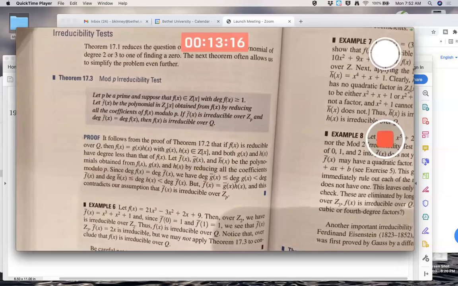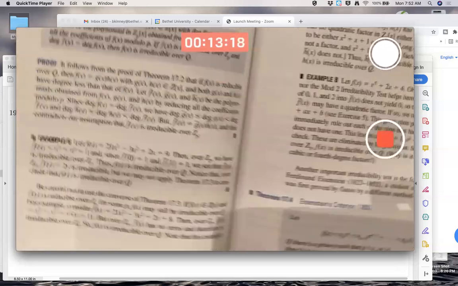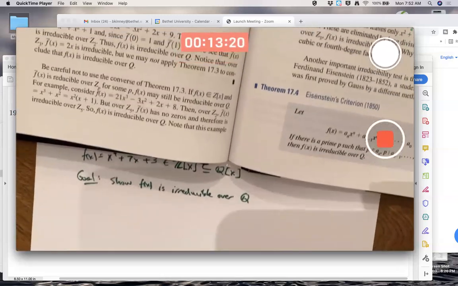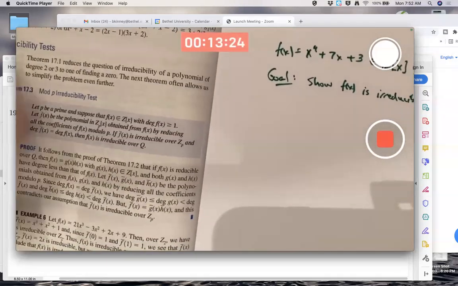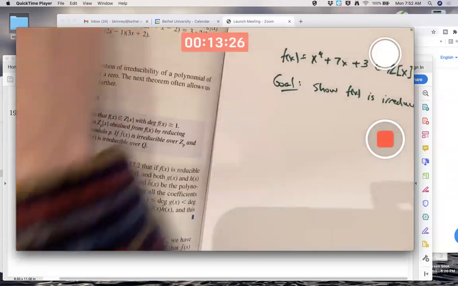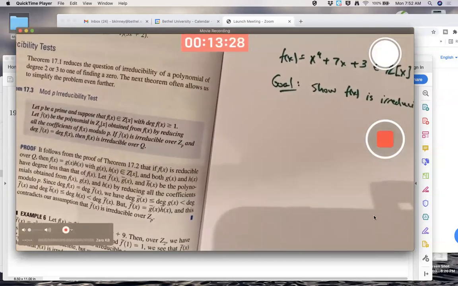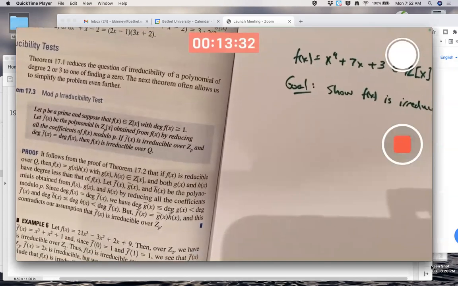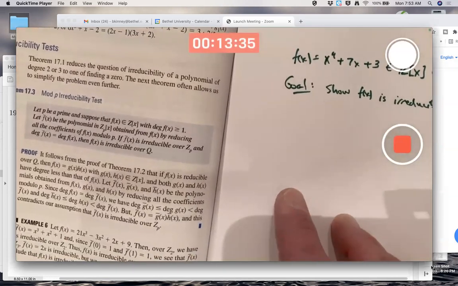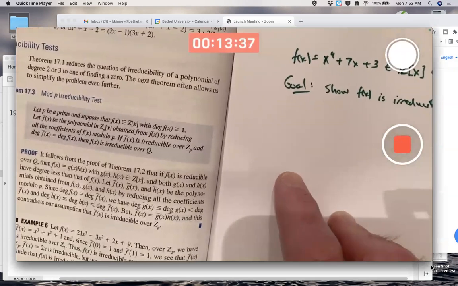So how does that play out here? Well, I said use p equal to 2.